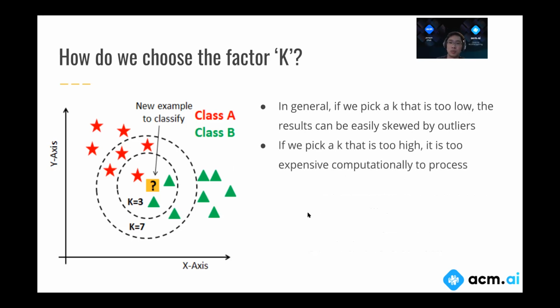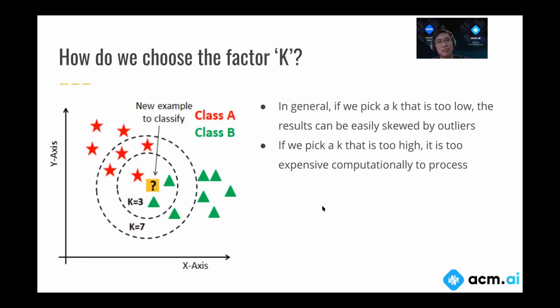And if we pick a k that is too high, it's expensive to process computationally. For this small data set it doesn't really matter, but say if you choose k to be 100 or even 1,000, then it'll slow down your algorithm significantly.